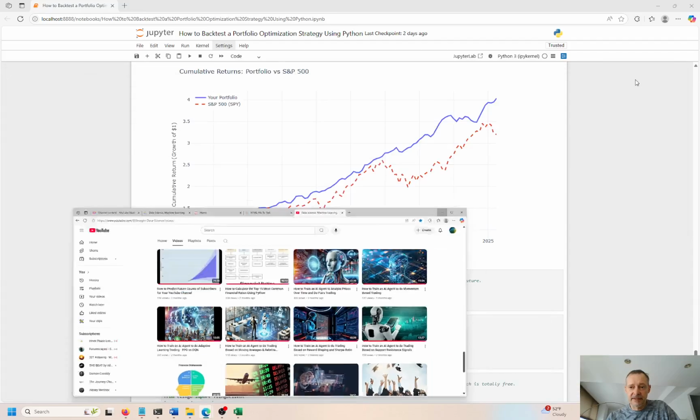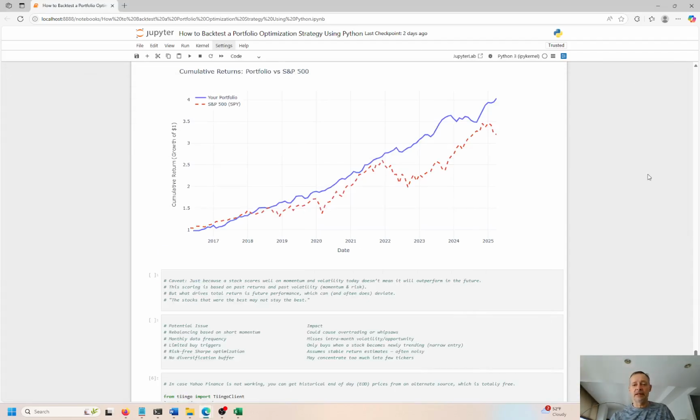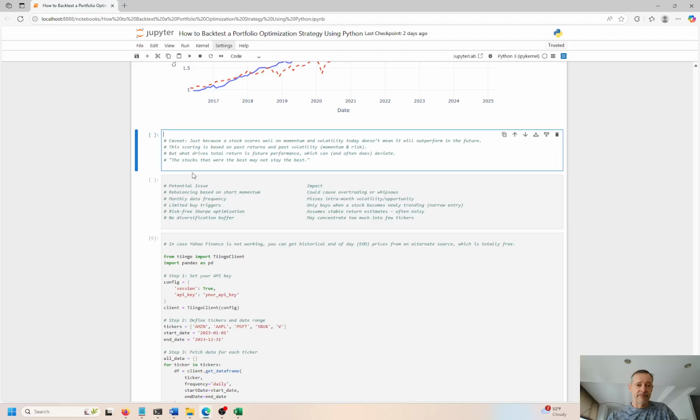If you look at those 6, I think it's very interesting and very informative. But this is the only strategy that beat the S&P 500 in all of my analysis. So it's kind of crazy, but that's a truth right there. So just because a stock scores well on momentum and volatility today doesn't mean it will outperform in the future.